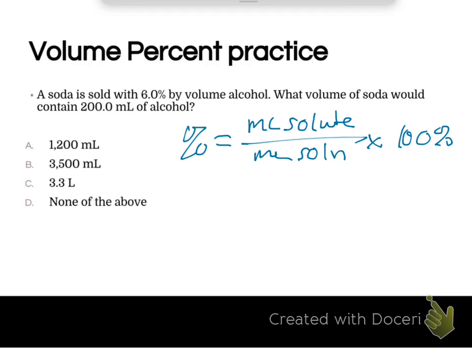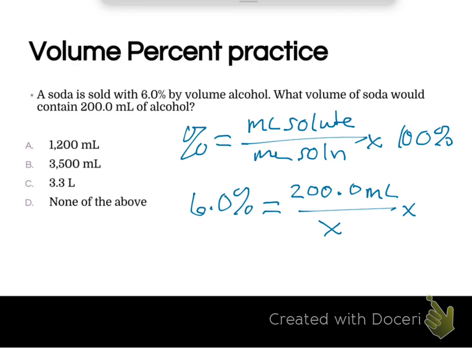And so here the percentage is what we're starting with, and the question is what volume of soda would contain 200 milliliters of alcohol. So in this case, the alcohol is the solute. I hope that there's more water than there is alcohol. So I'm going to put that one on the top, and I'm trying to find the one on the bottom.